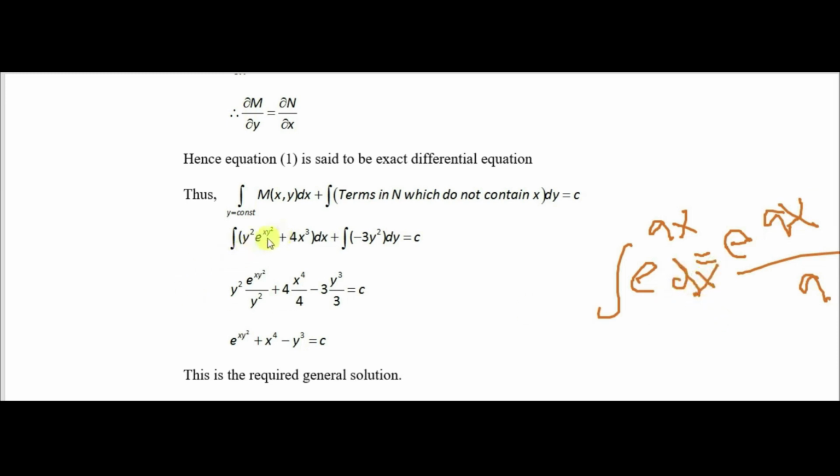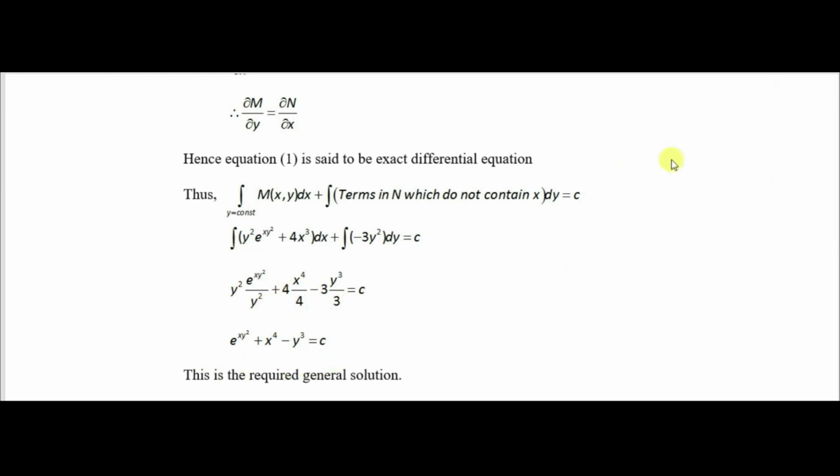In the same way, the integration of e to the power xy square is e to the power xy square upon the coefficient of x, which is y square. 4 is constant, the integration of x cube is x raised to the power 4 by 4, minus 3 constant, the integration of y square is y cube by 3, equal to c. So this y square cancels, this 4 cancels, this 3 cancels. So we get e to the power xy square plus x raised to the power 4 minus y cube equal to c, which is again the required solution.